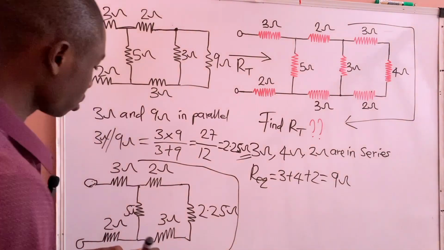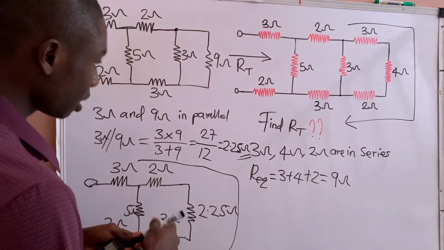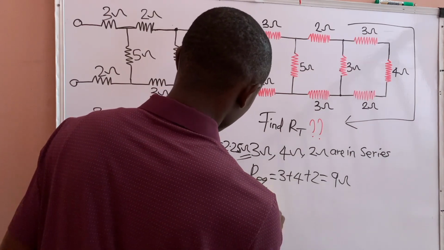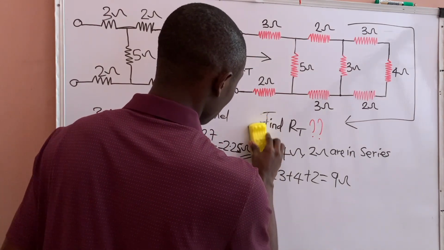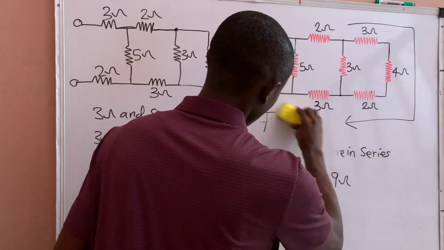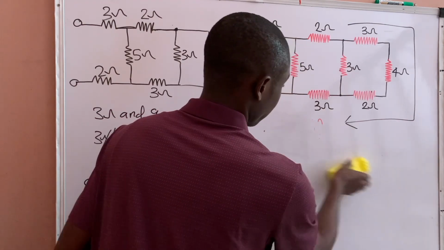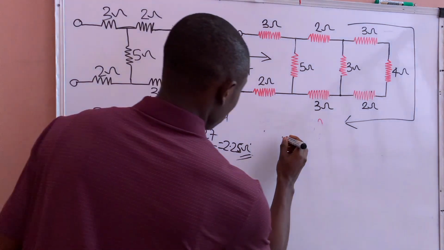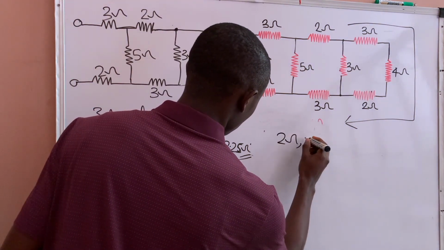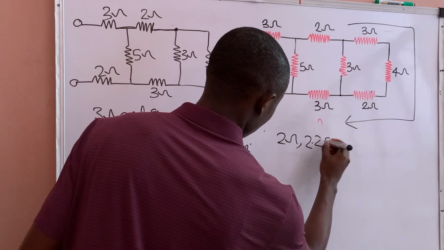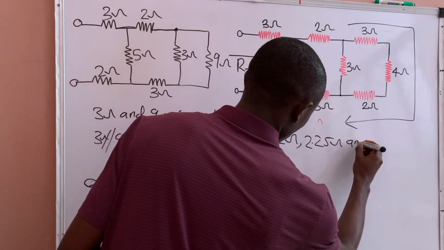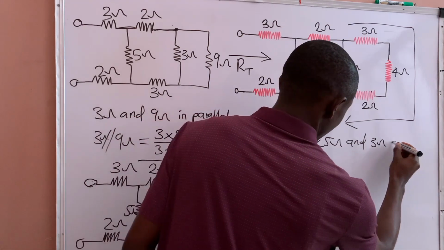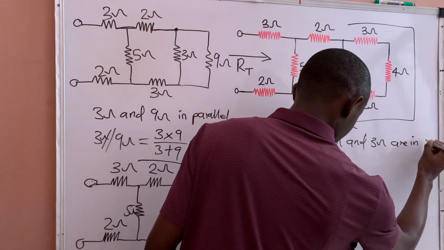So the total resistance now of that network, the equivalent resistance of these 3 resistors, 2 ohms, 2.25 ohms, and 3 ohms, are in series.